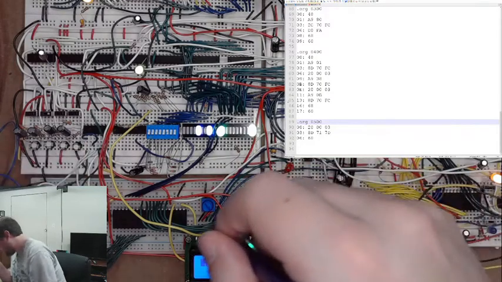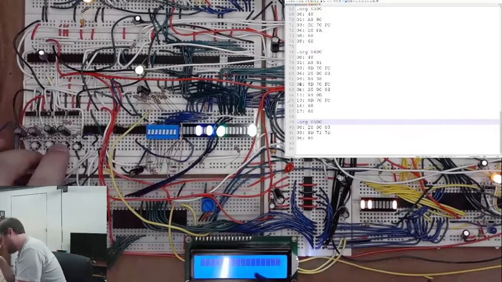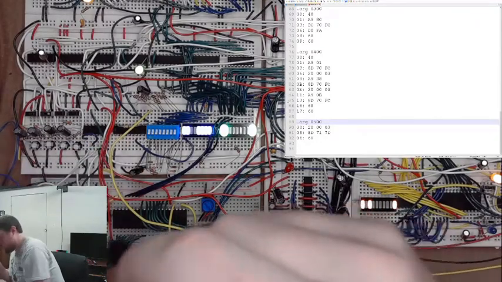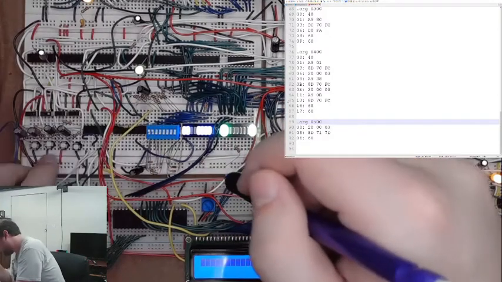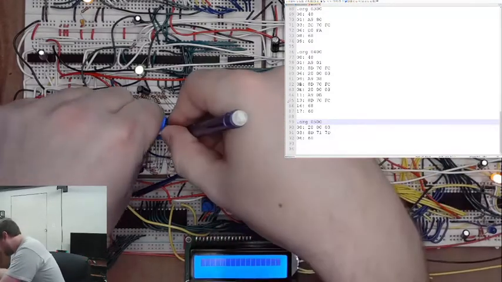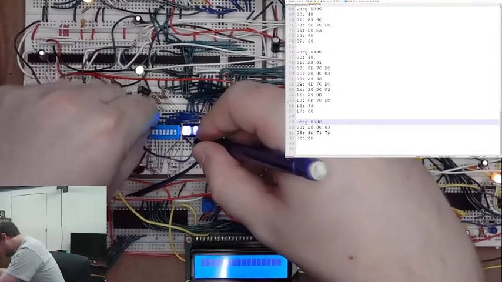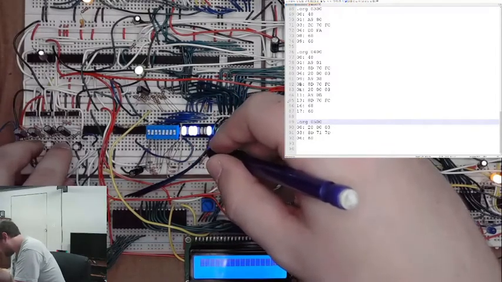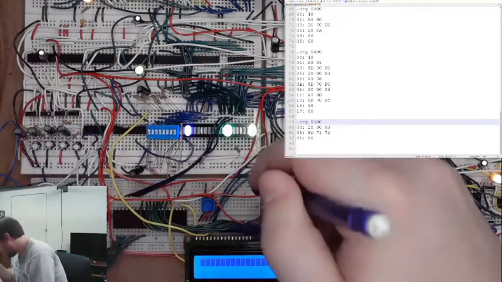We have that turned off, right? I think so. Yes. 2, 0, 0, 0. It should be 2, 3. And then at 3, we should have 8D. And then 7, 1.